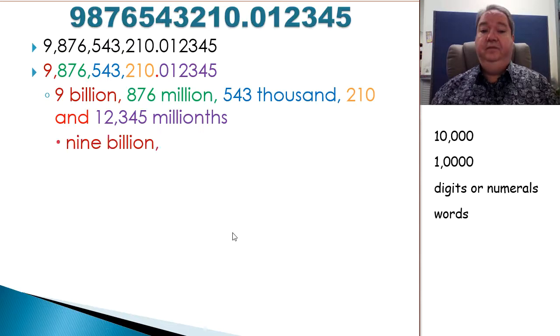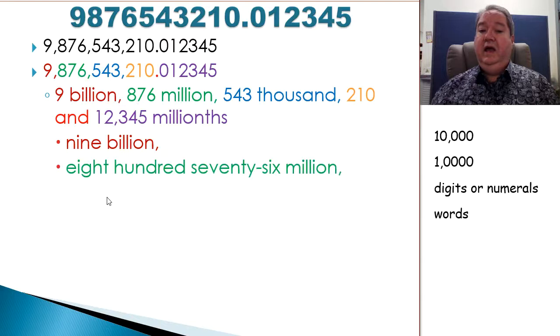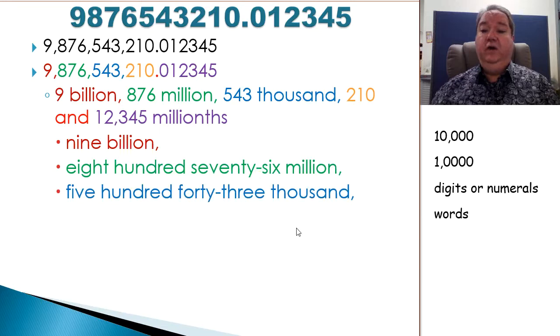9 billion. Remember, there's a comma here, so we need to have a comma here, we need to have a comma here. 9 billion, 876 million. Remember 76, we have to have the hyphen. 543,000, again 43, we have the hyphen. 210, there is no hyphen here.